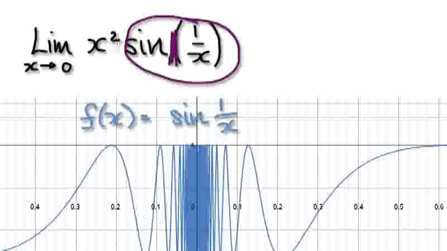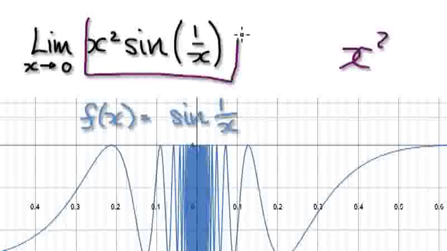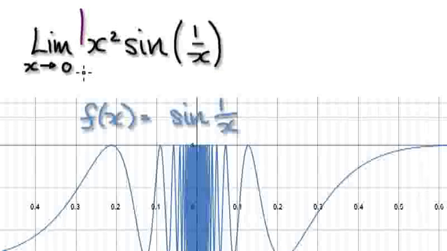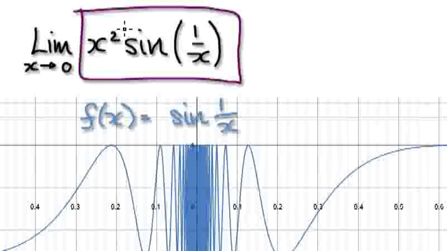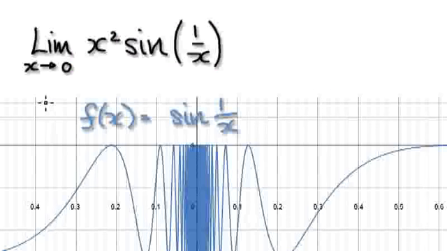So 1 times x squared is x squared. Now, what's the lowest value that this thing could be? The lowest value of the whole thing is when this is negative 1. So negative 1 times x squared would be minus x squared.